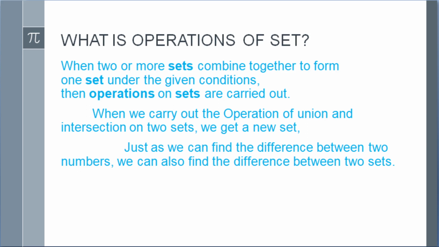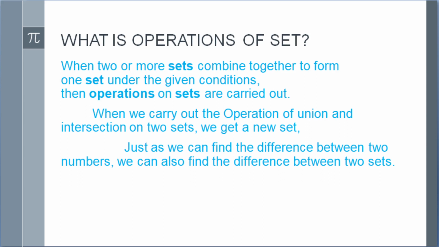Just as we can find the difference between two numbers, we can also find the difference between two sets. How? Suppose we do 10 minus 4, so we get 6. This is the difference between two numbers. Now what do we mean by difference between two sets?